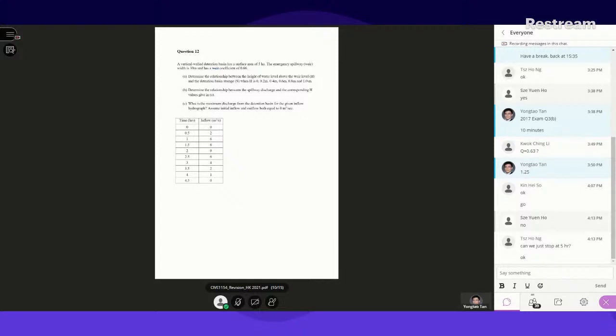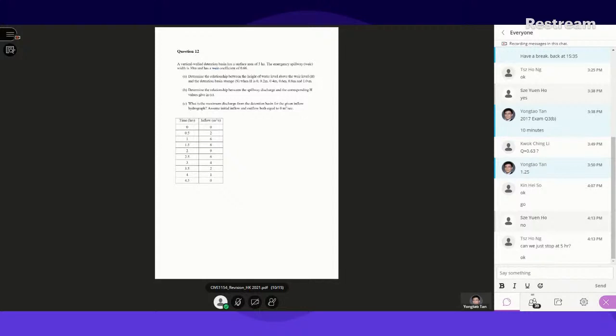We use the broad crest weir equation. What is the maximum discharge? Assume the initial inflow and outflow are both 0. So we use hydrologic routing to determine the outflow hydrograph. Let's look at the solution.